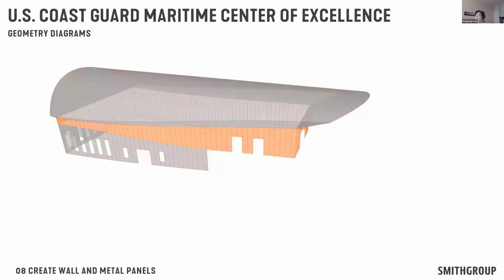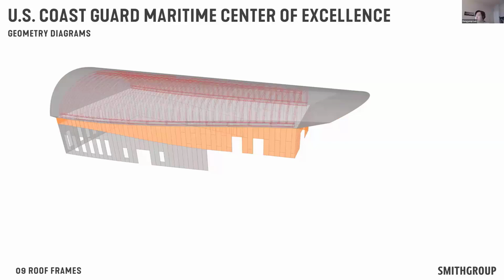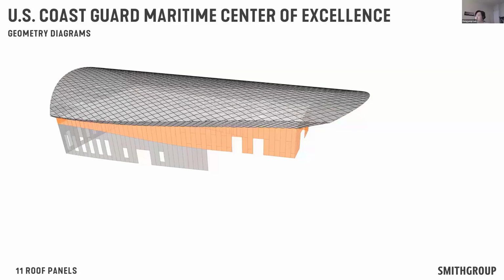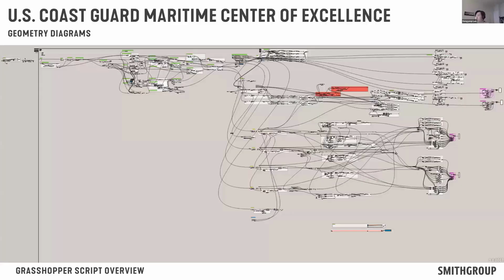We then divided those wall surfaces into 2 parts, the glass panels above and metal panels below. We created the glulam roof beams following the roof geometry, and we filled the space between the roof beams with the ceiling planks. And finally, we created roof panels covering the whole roof geometry.